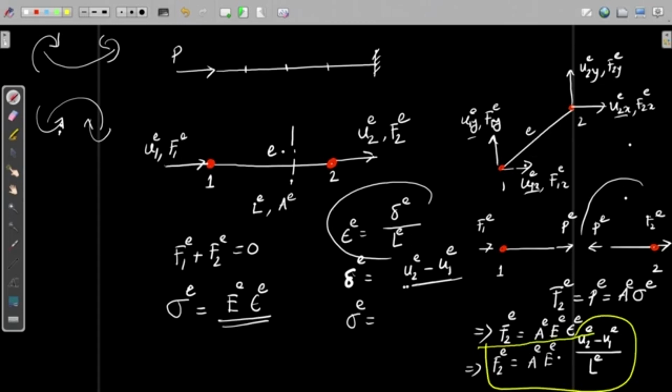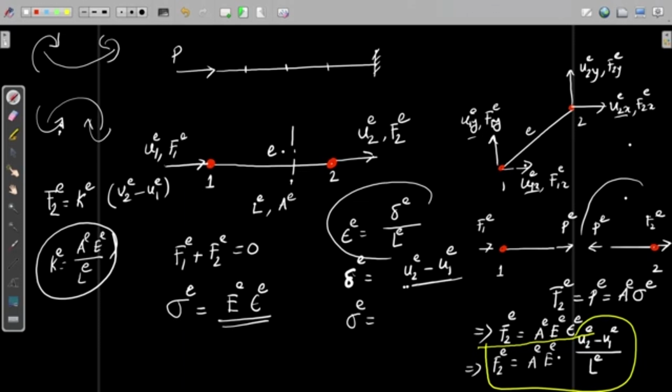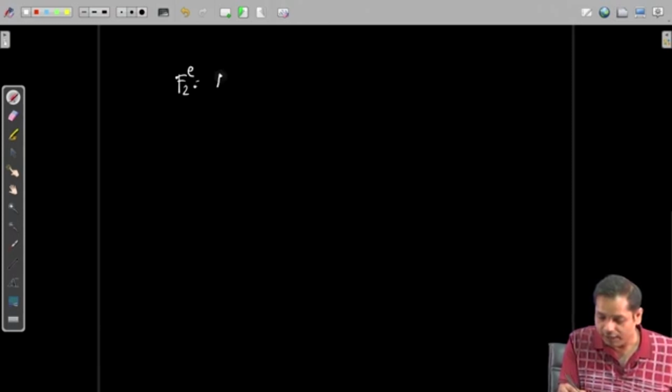This is an important expression. Now this expression can be written as F2E is equal to K E into U2E minus U1E, where K E is equal to A E E E divided by L E, and this is called the stiffness of this element, right?